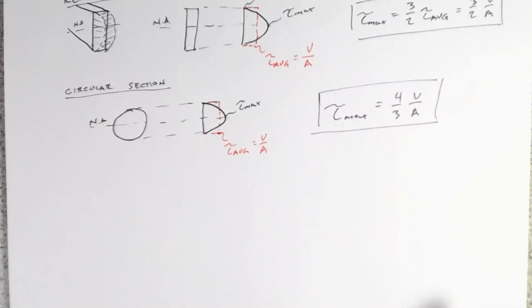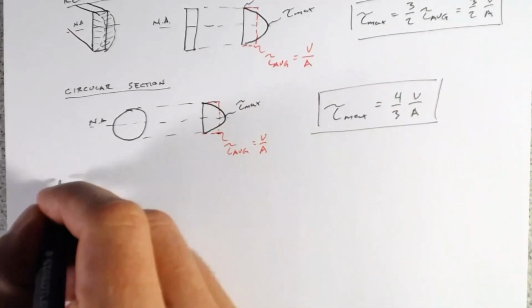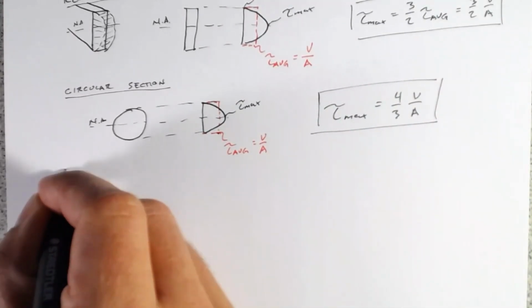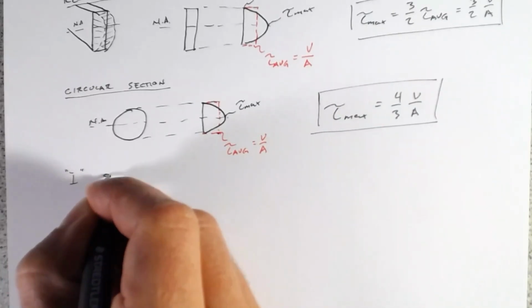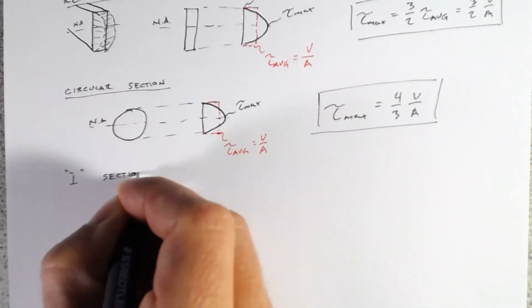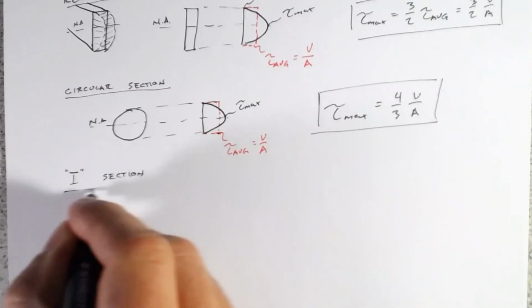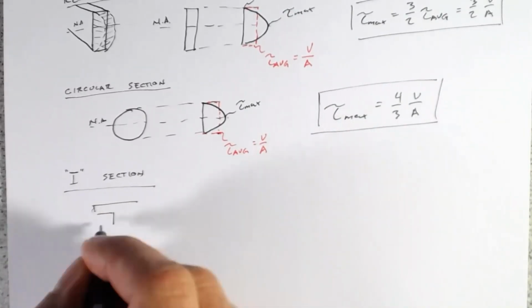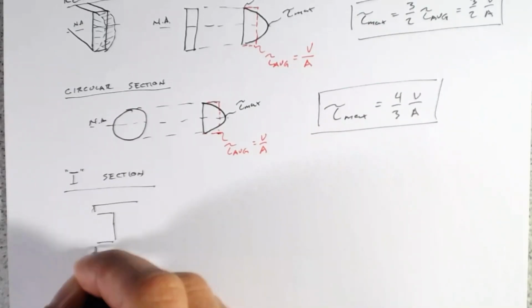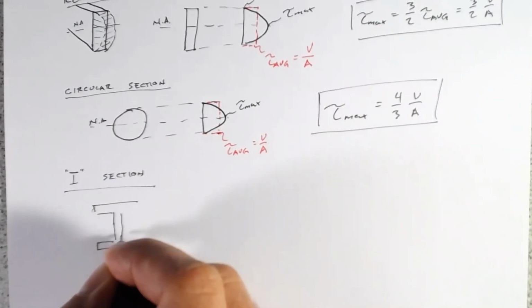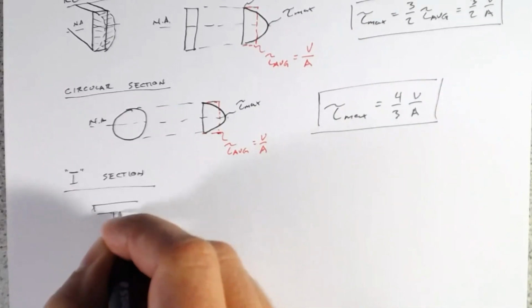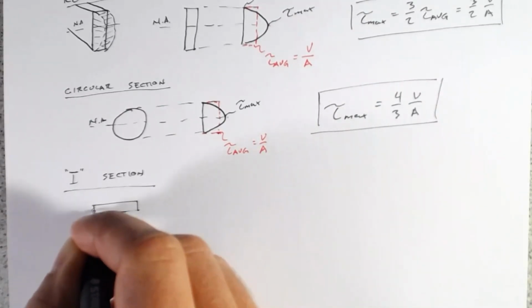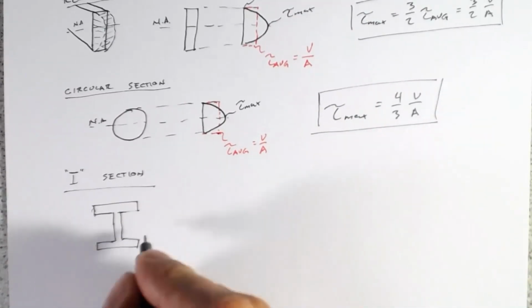Let's look at two more. Let's look at an I section. For an I section, we'll draw it out here. And mind you, this is going to be an I section which is loaded parallel to the web.